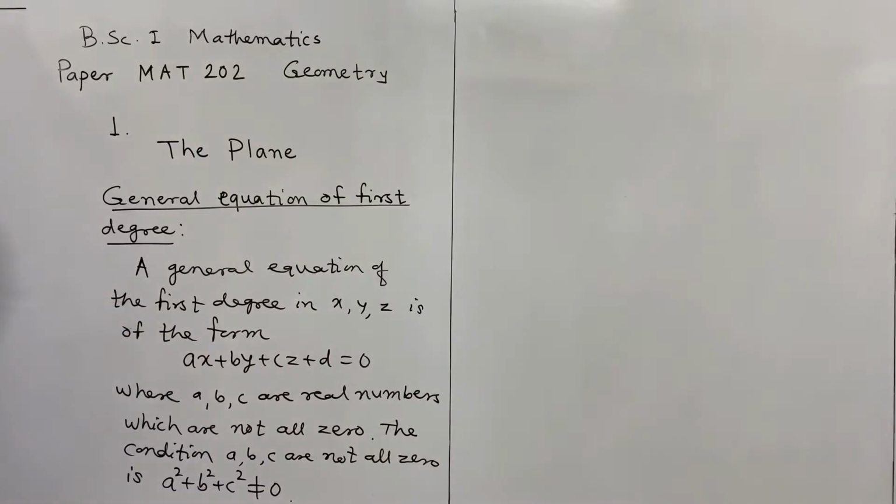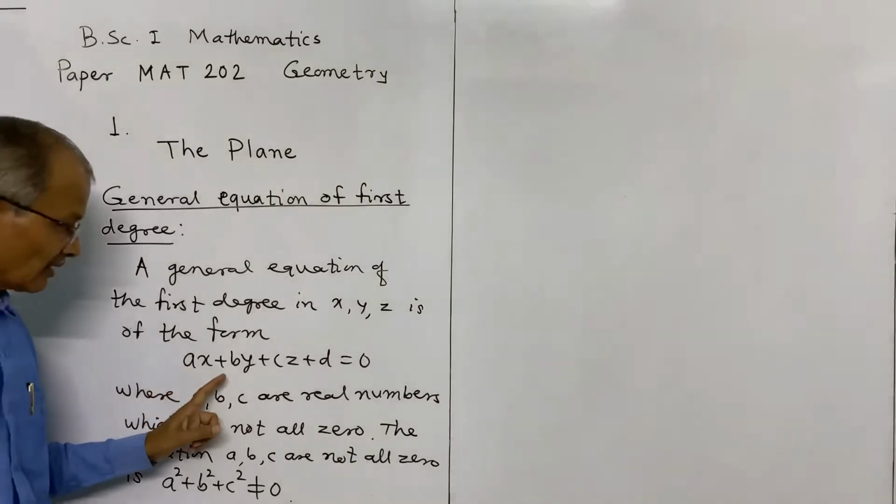It is the same: if not all are 0, then the sum of squares will not be 0. This is necessary for the equation to exist, and thus this is the general equation of first degree in x, y, z.